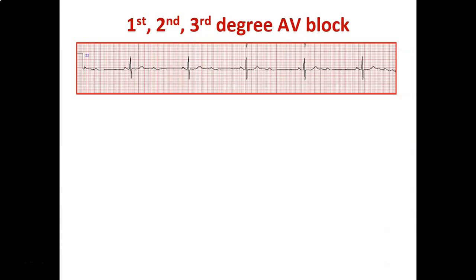So again, look at this one. Is this one first degree, second degree, or third degree AV block? So take your time and try to interpret. Use 5 steps: rate, regularity, P wave, QRS duration, and PR interval.